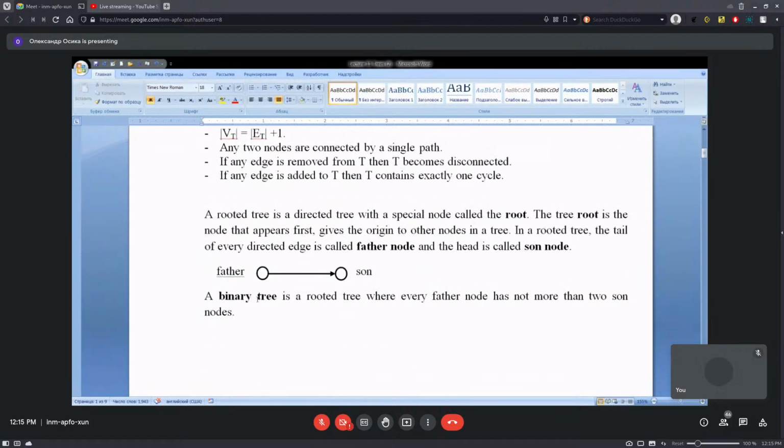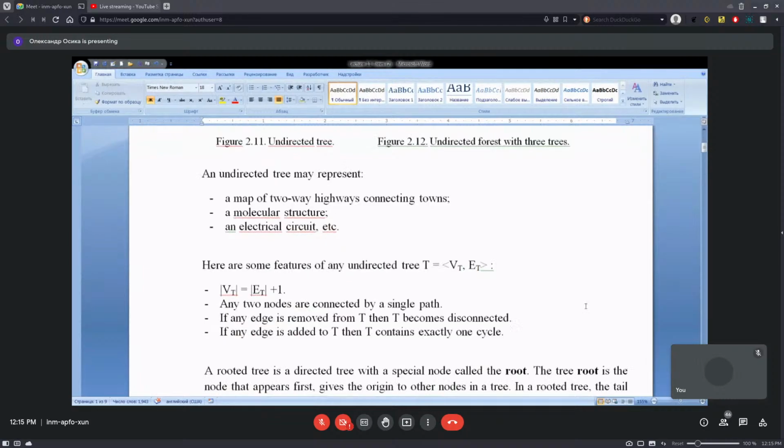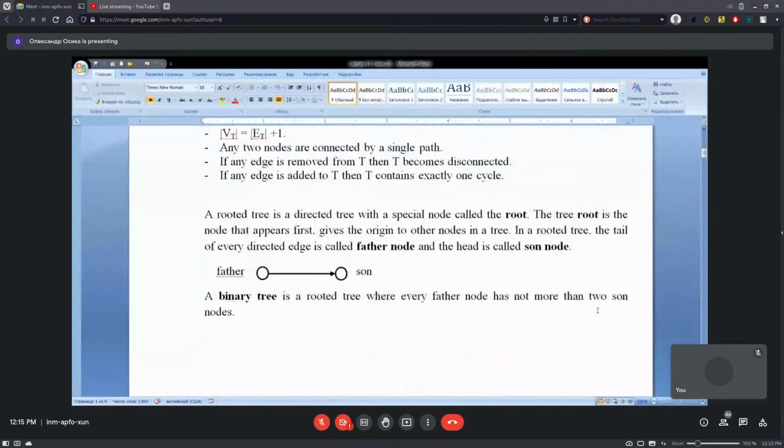A binary tree is a rooted tree where every father node has not more than two sons. And now here, no directions, that's why no father and son relation.